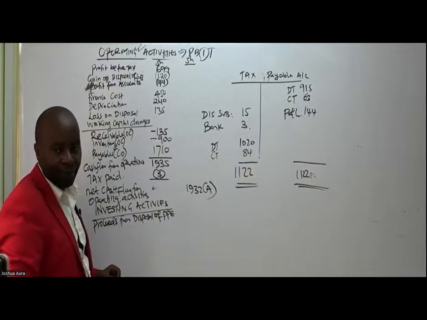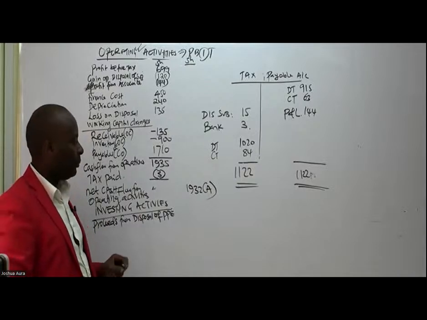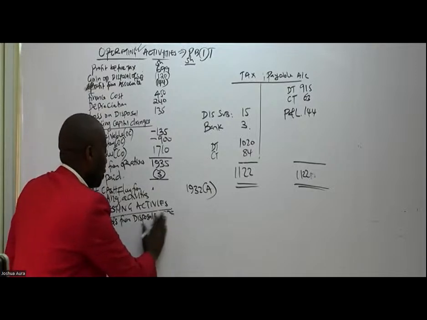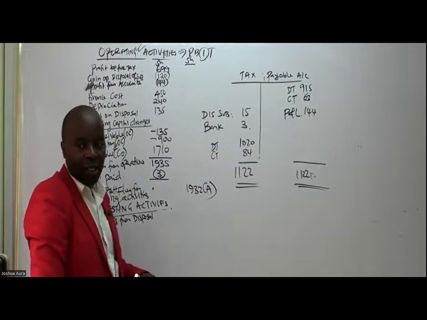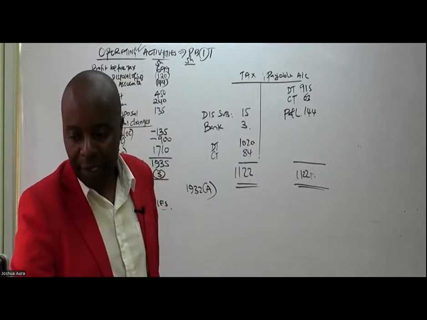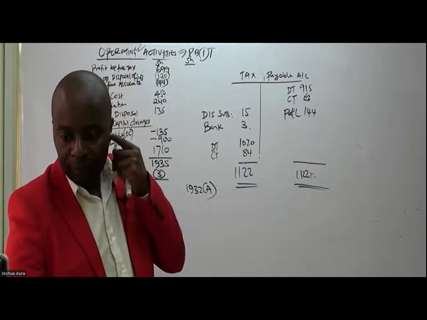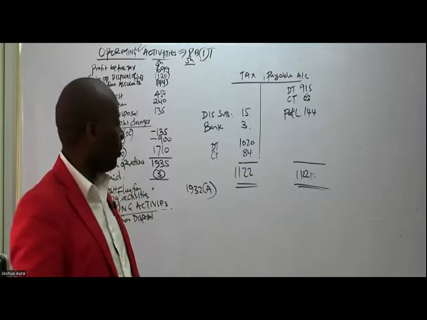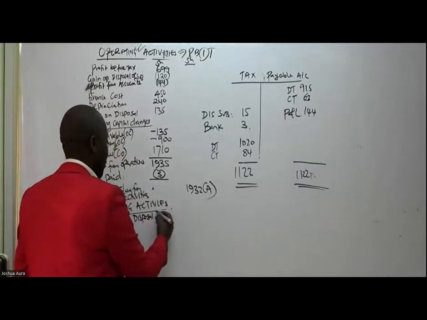There are 3 of them. So we have from our PPE the proceeds we got. They gave us 750 million, which was recovered here. So we have proceeds from the disposal of this, 750.